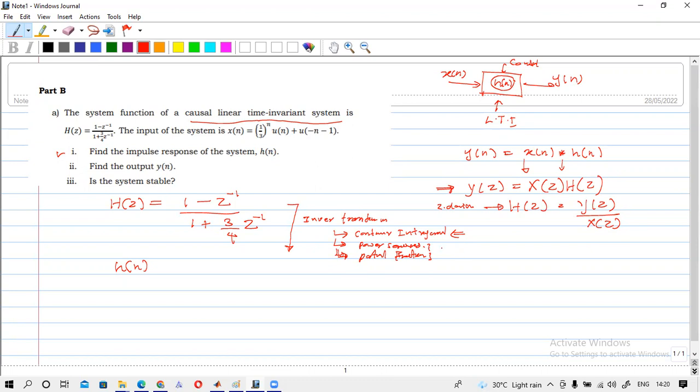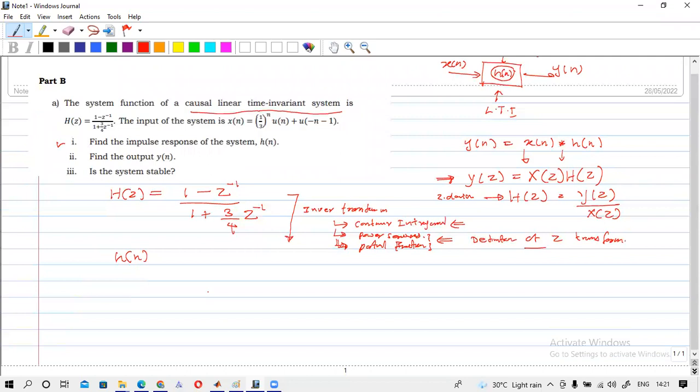Actually, for both of these we are using the definition of the Z transform to evaluate the inverse Z transform. I hope you can remember.